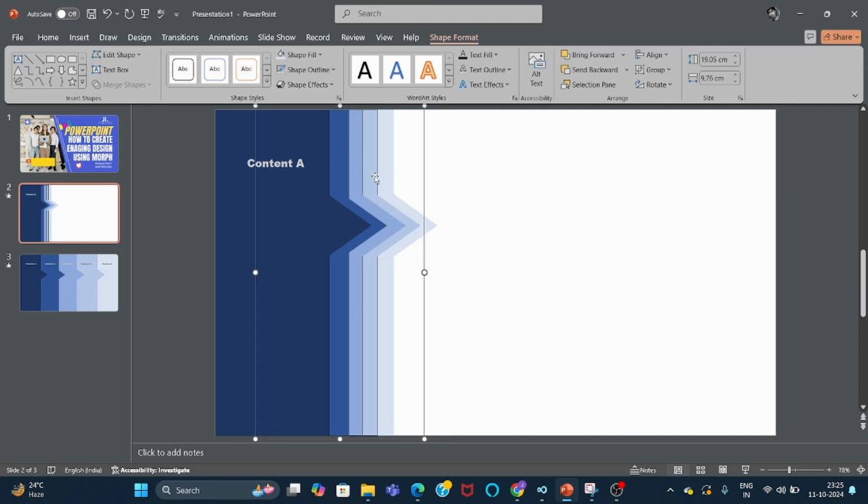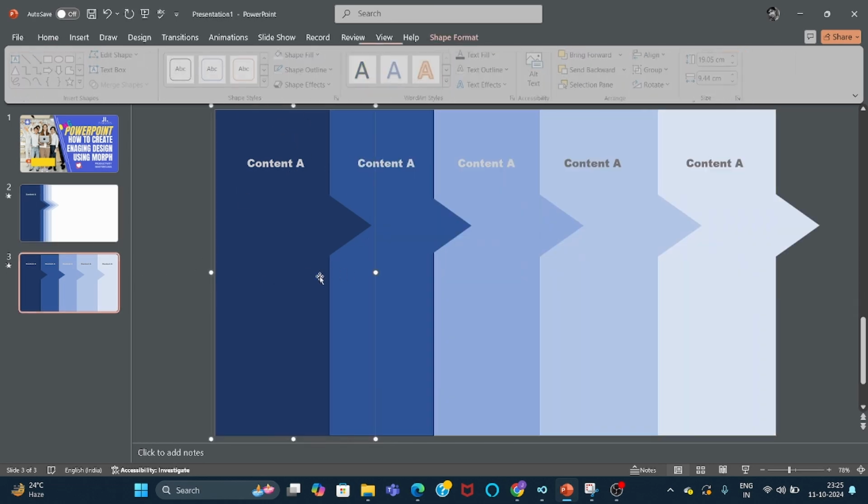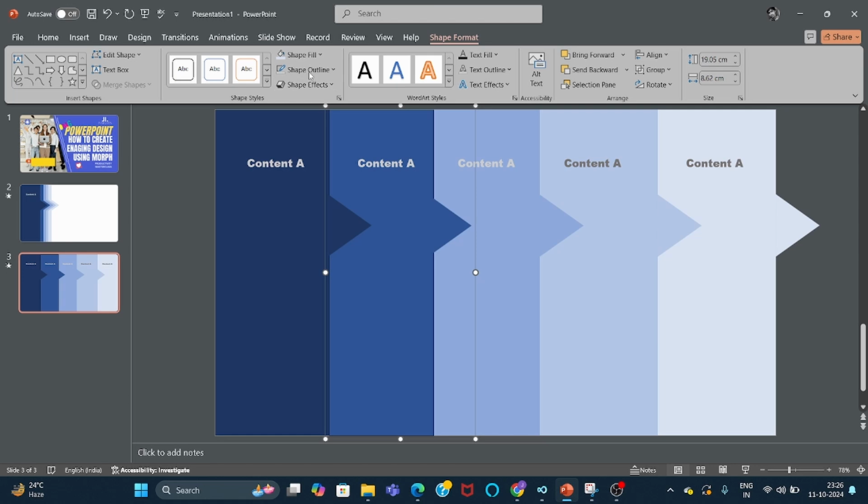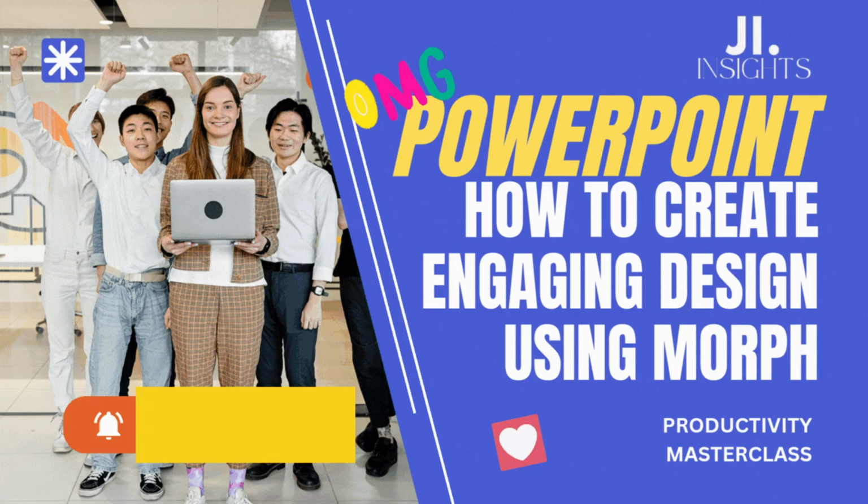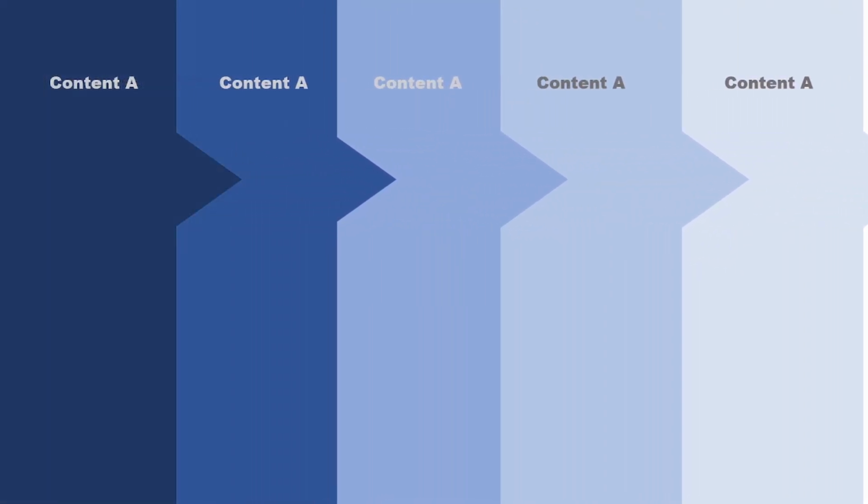Remove the shape outline. Okay, then you'll have to do the similar thing from here for these two as well. Okay, now let's go and see how the design looks. Wow, so I hope you get this design.